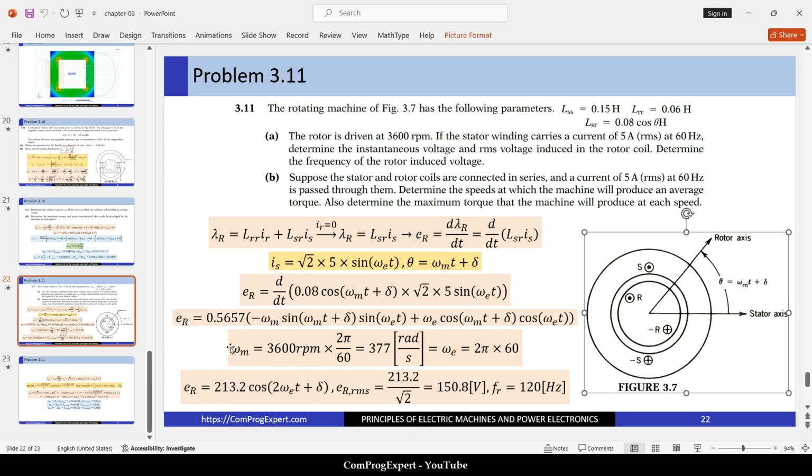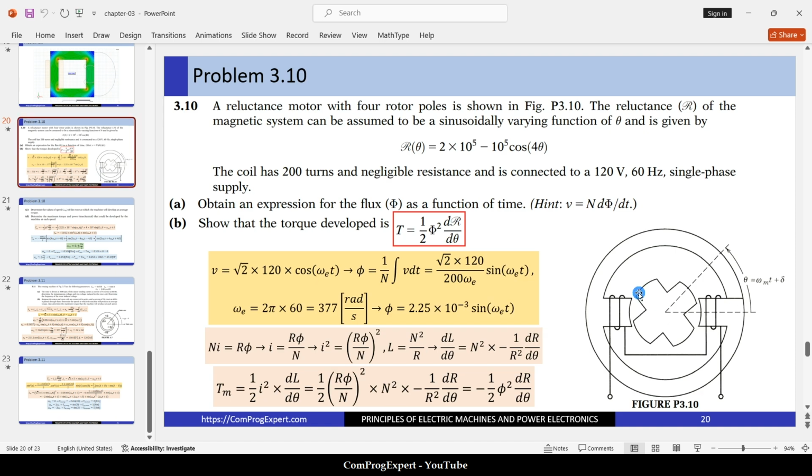Here in this machine, we have salient poles, rotor poles and stator poles. In this case, as you can see, the inductance of the stator winding, the inductance of this coil, changes with the rotor position. The inductance of this coil is a function of rotor position.